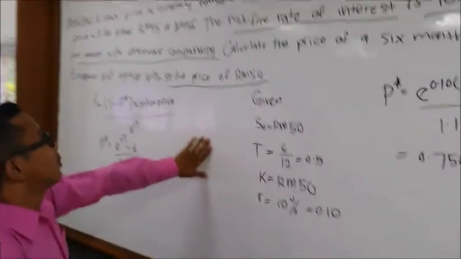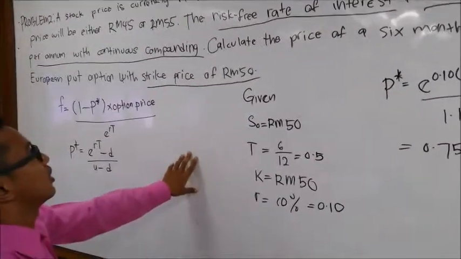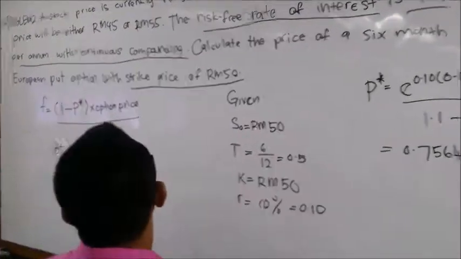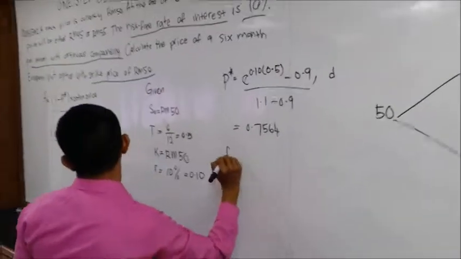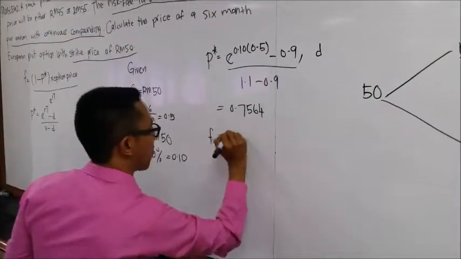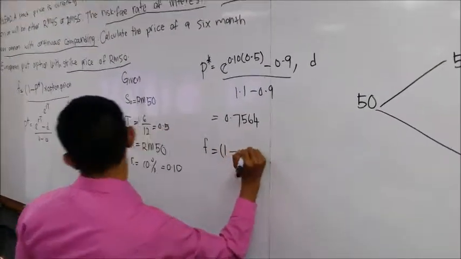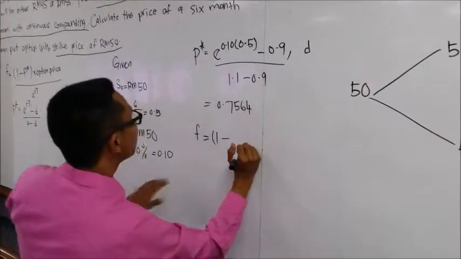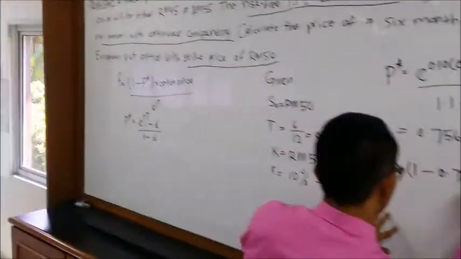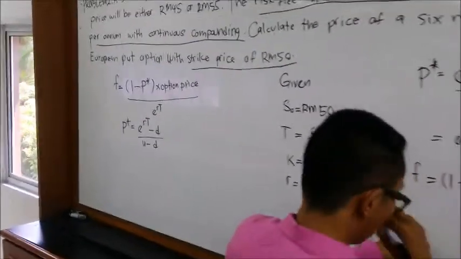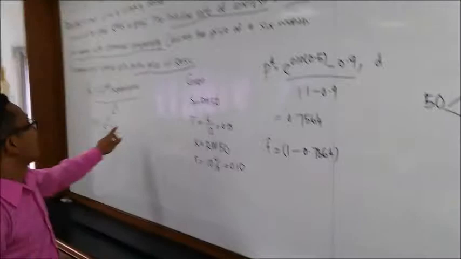We are near the end of the question. For the put option price, f, we plug the information into the formula: 0.7564 times the option price.